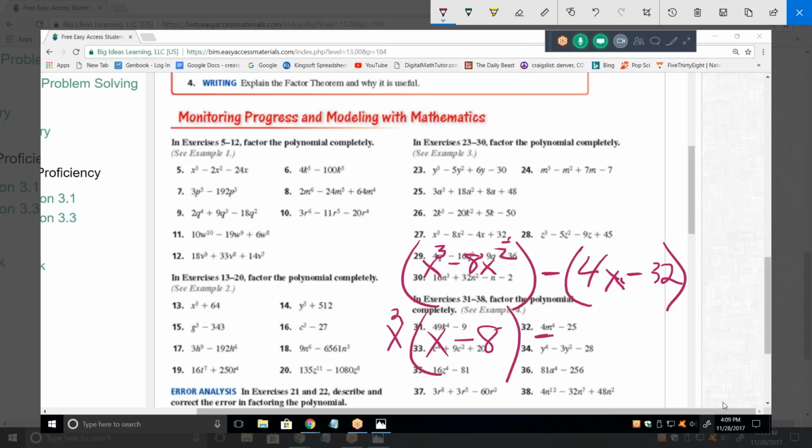And over here, then take out a 4. So that gives you x minus 8. Now, if you've done it properly, your x minus 8s will agree. If you've done it incorrectly, this will say x plus 8. And that should be your alert. That should tell you I've made a mistake. Because what's the next thing we're going to factor out?